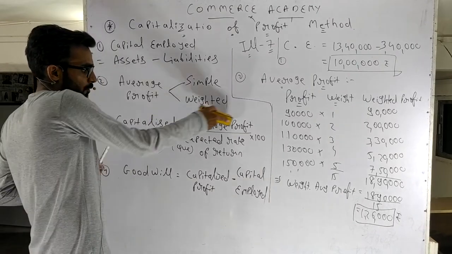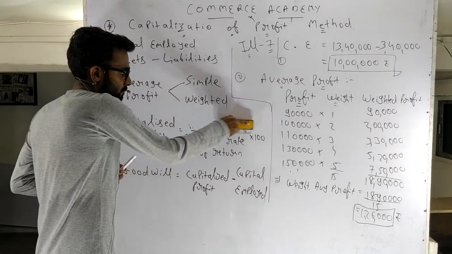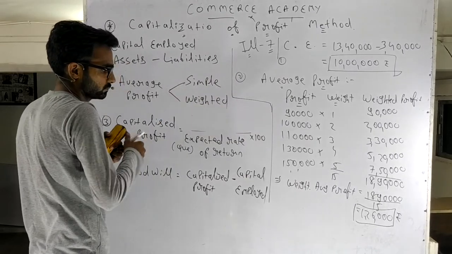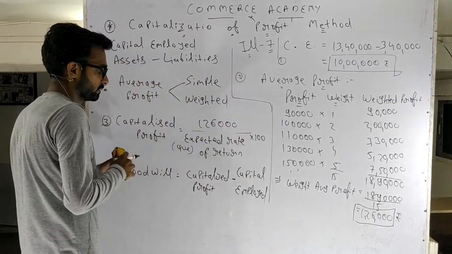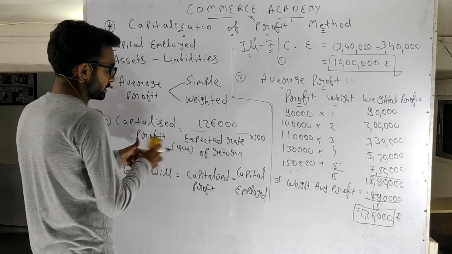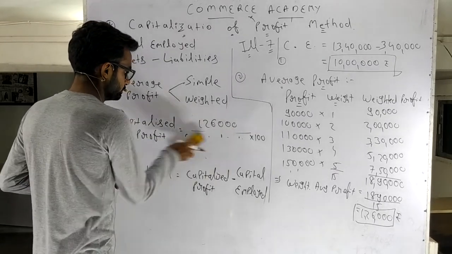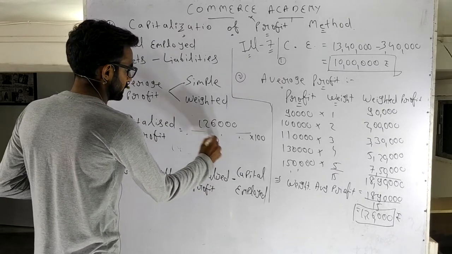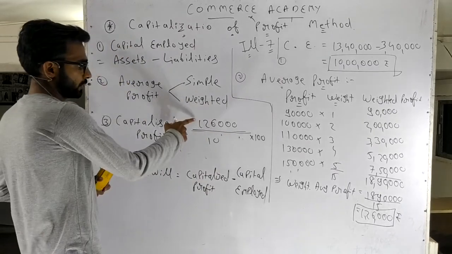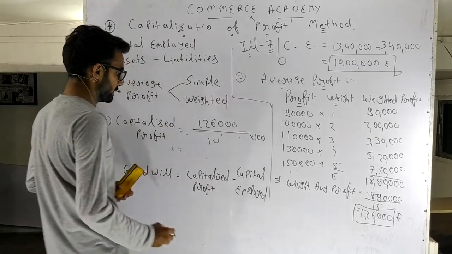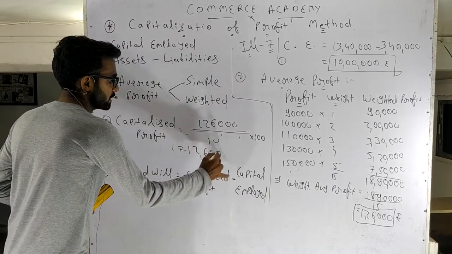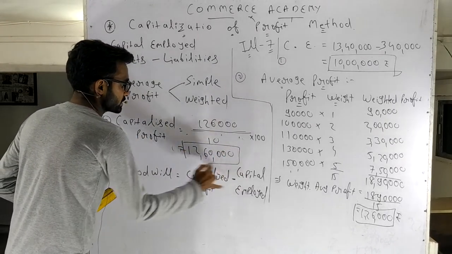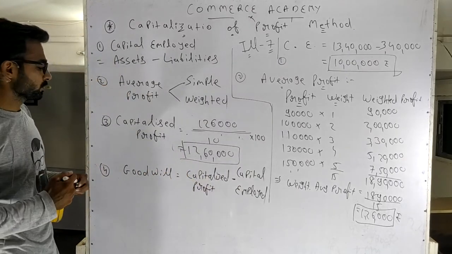So I will put here in the place of average profit 1,26,000, and the expected rate of return 10%. 126 divided by 10 multiplied by 100. So our capitalized profit will be 12,60,000.